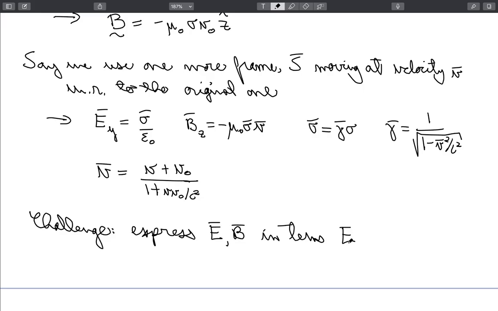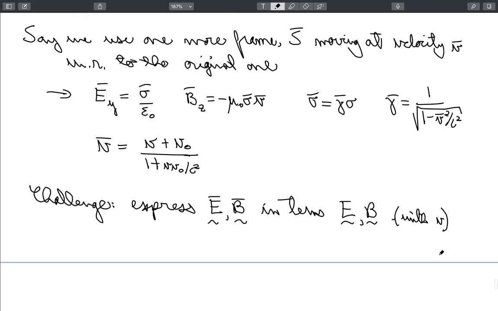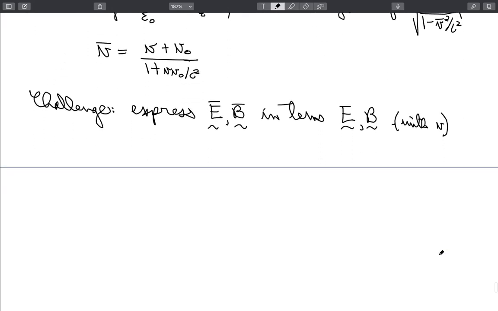Yeah, so E and B, and with data for that frame. So then we'd like to put the velocity v associated to that. Okay. So how do we go about doing that?